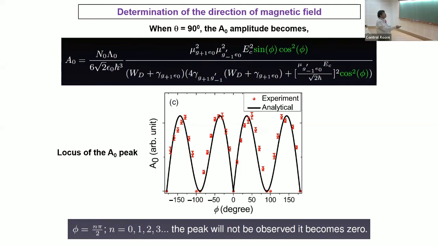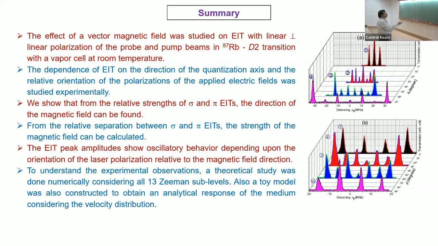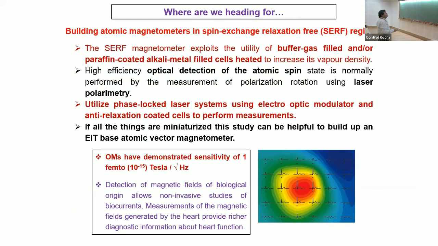So there is a maximum and minimum at one value of phi. At theta equal to 90, the A0 amplitude changes like maximum and minimum. At an arbitrary theta, we will have a shift of these minima and maxima, and that might give the measurement of the direction of the magnetic field. So this is just the locus of the A0 peak.